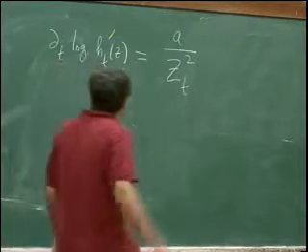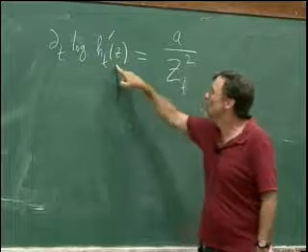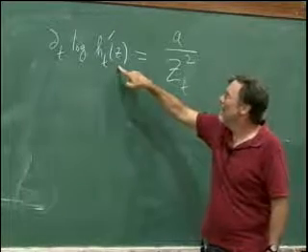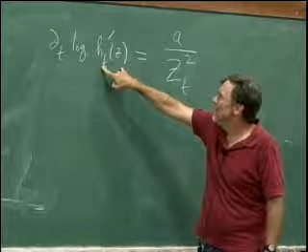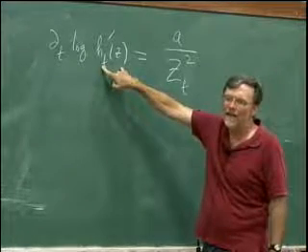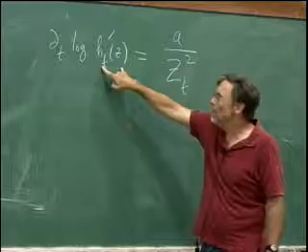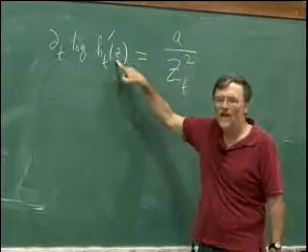And the reason to go through the logarithm is because what I really want is the absolute value of h_t prime, and the log of the absolute value of h_t prime is the real part of log h_t prime.